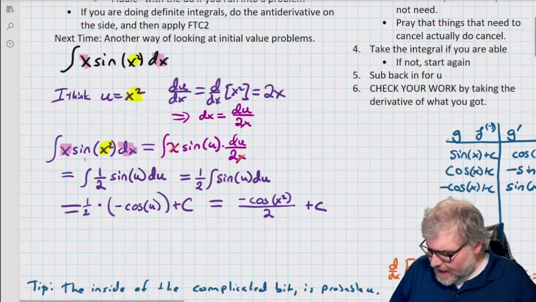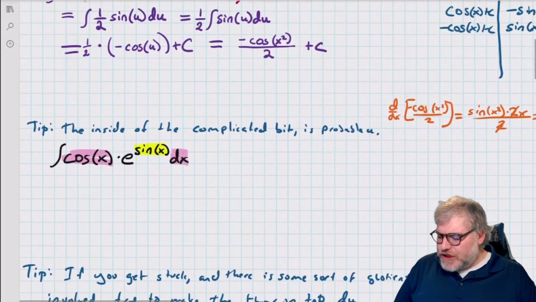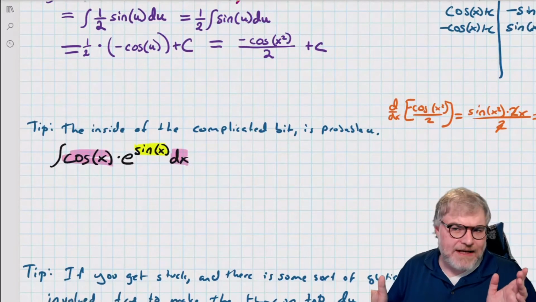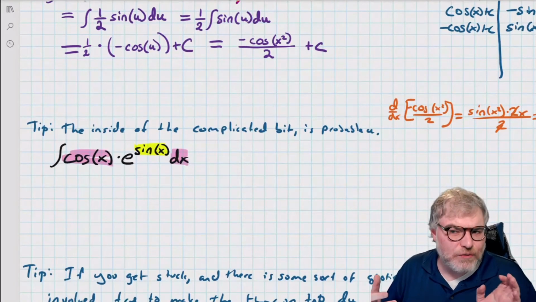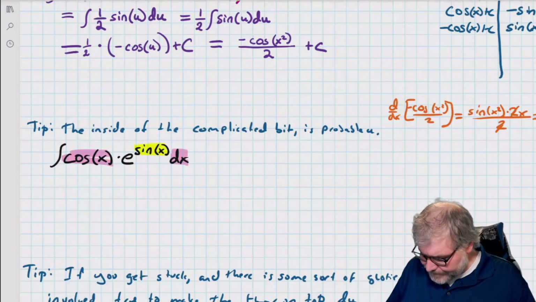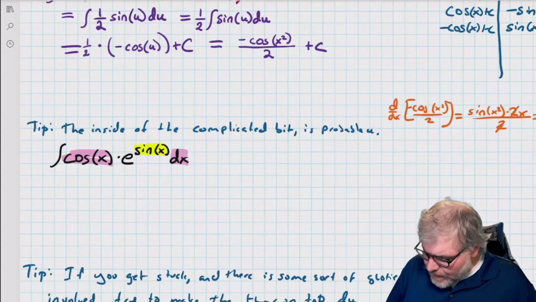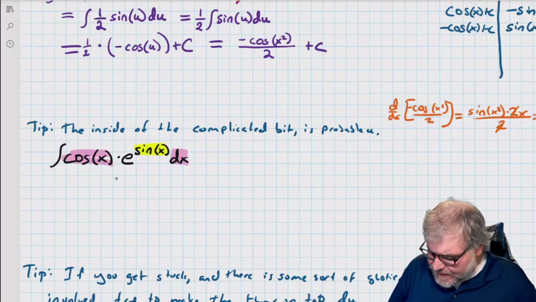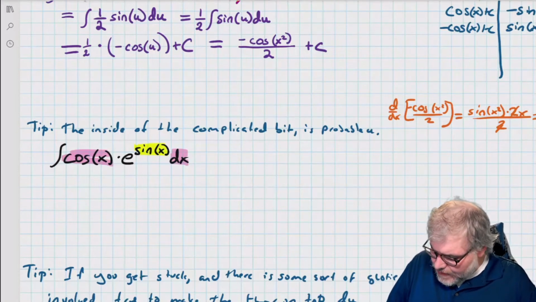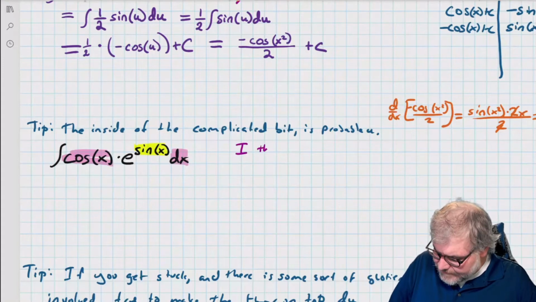Let's try another example. Let's try some tips. Generally, my first tip is that the inside of the complicated bit is probably u. Okay? Let's look at what I mean by this. Here I've got the cosine of x times e to the sine of x dx. I think u is sine of x.